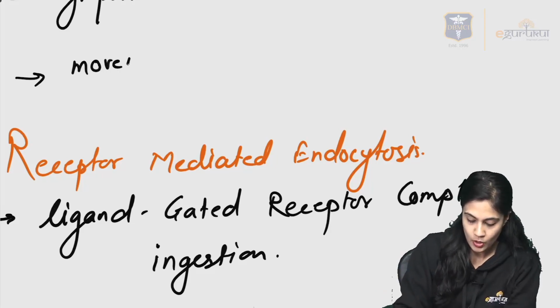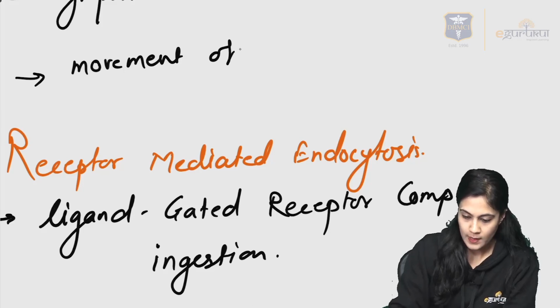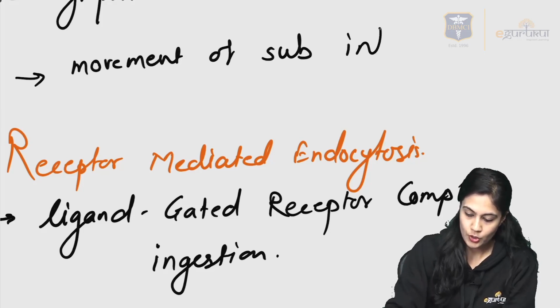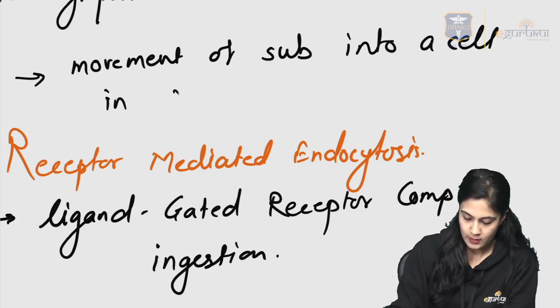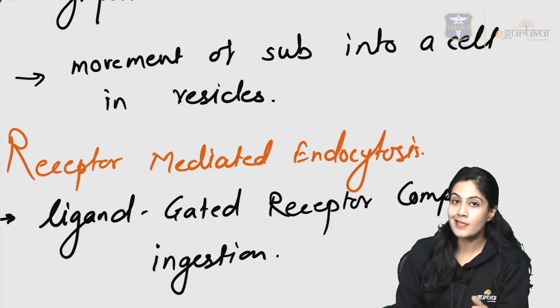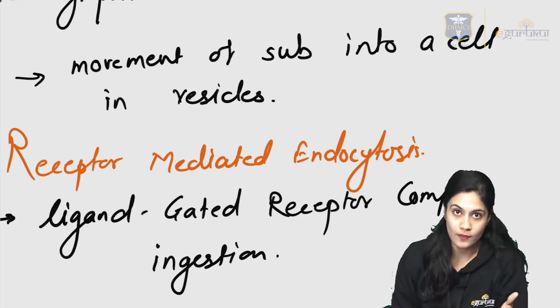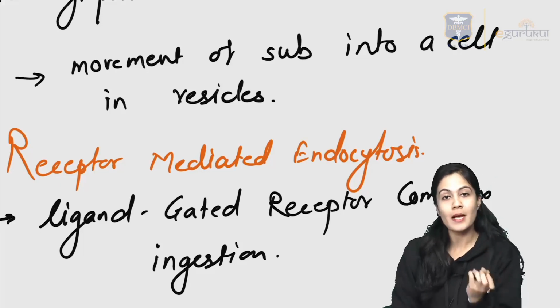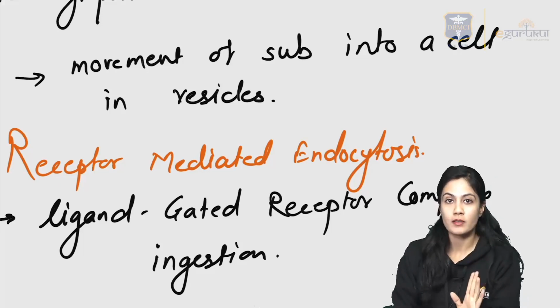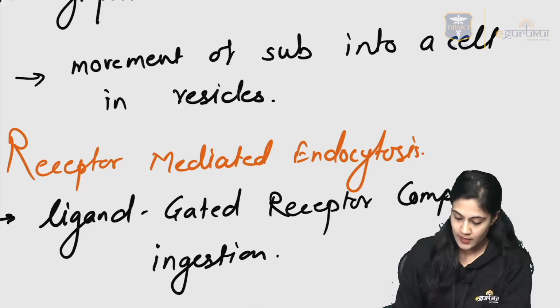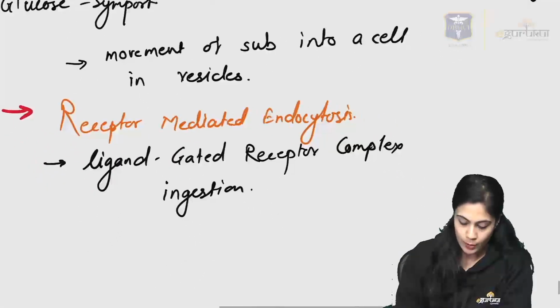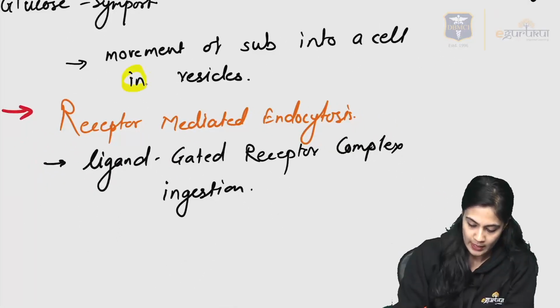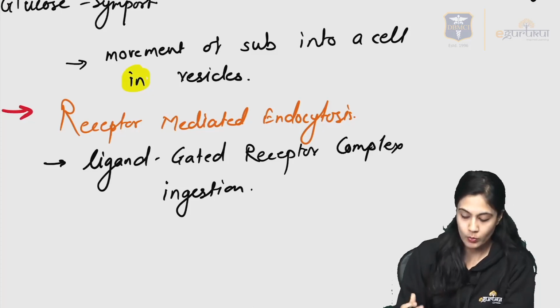So it is the movement of substance into a cell in the form of vesicles. We will not say secretion, because secretion means it is going out of the cell, right. So something is coming inside the cell in the form of vesicles. That is vesicular transport of type endocytosis, endo meaning coming in.